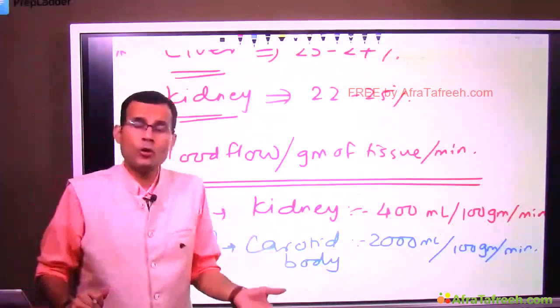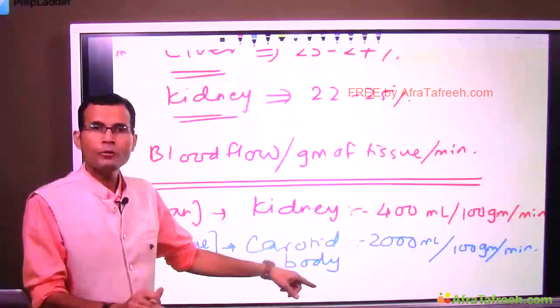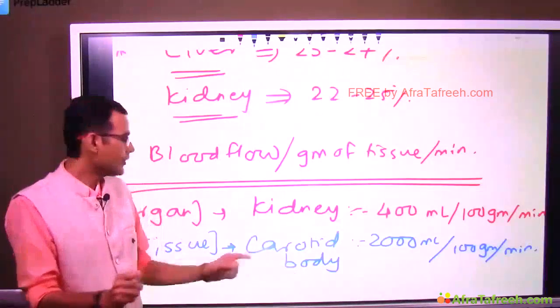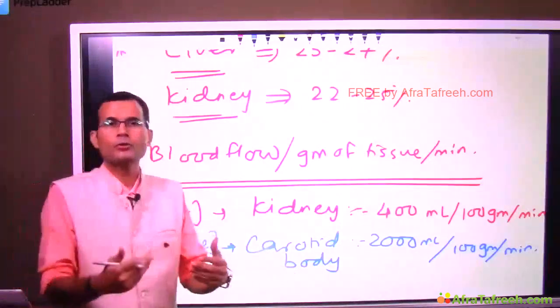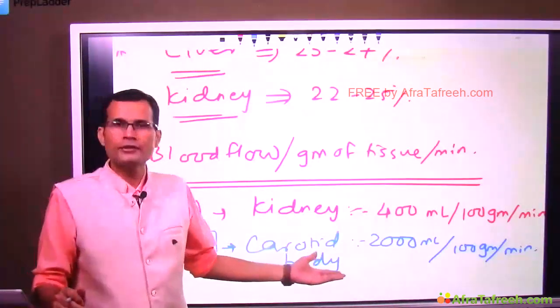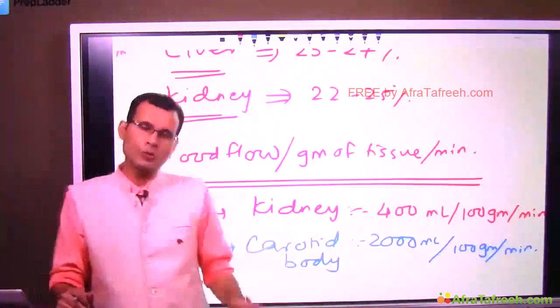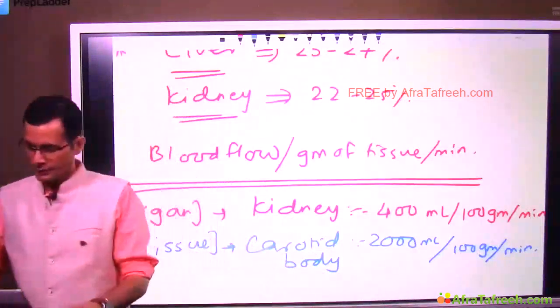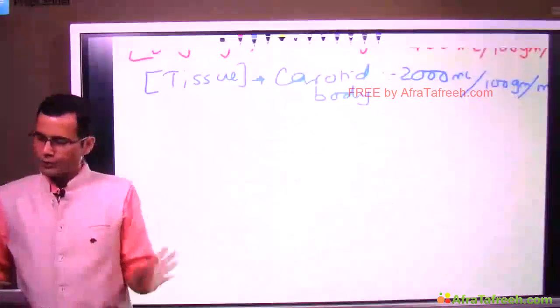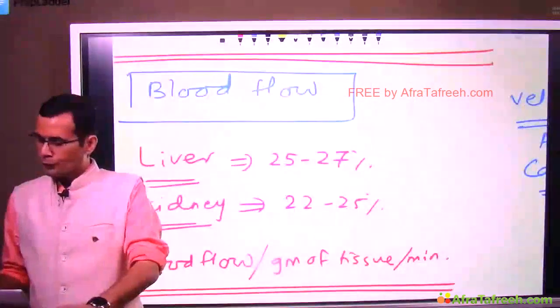But there is dissolved oxygen content, and because of the high blood flow, the dissolved oxygen reaching the carotid bodies is also good enough, and they won't sense it as a hypoxic condition. So we will describe all this once again in the respiratory system. This is just contextual.